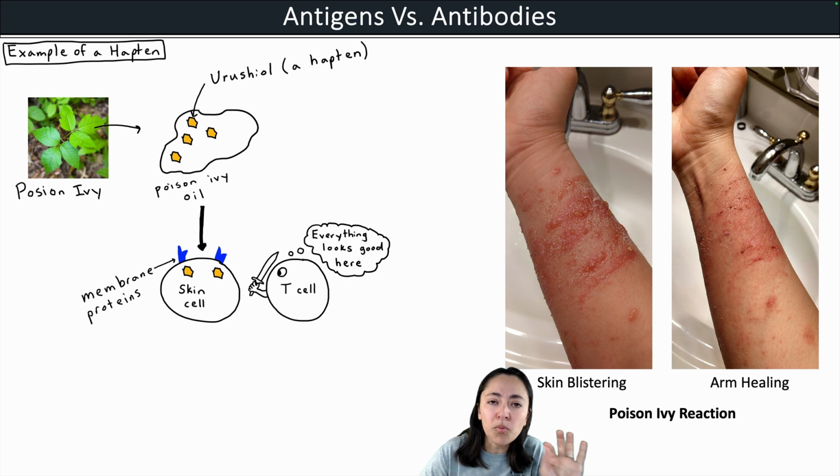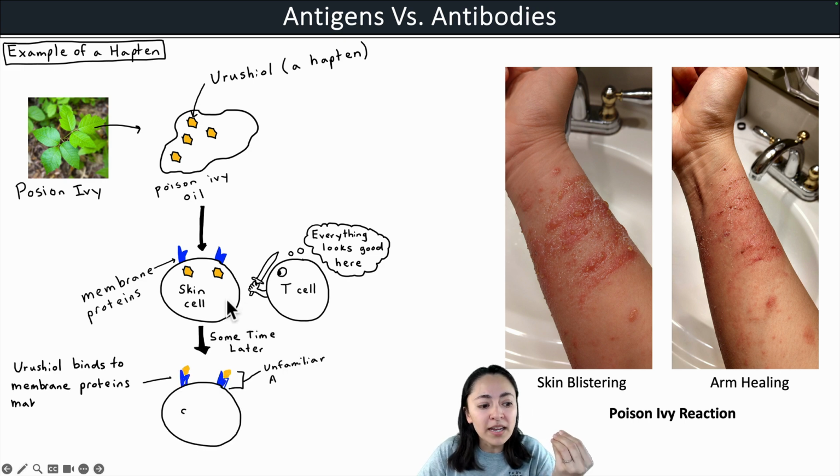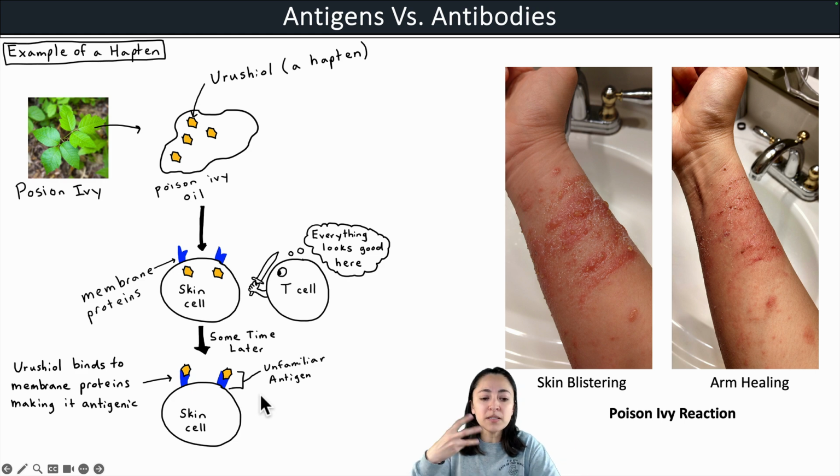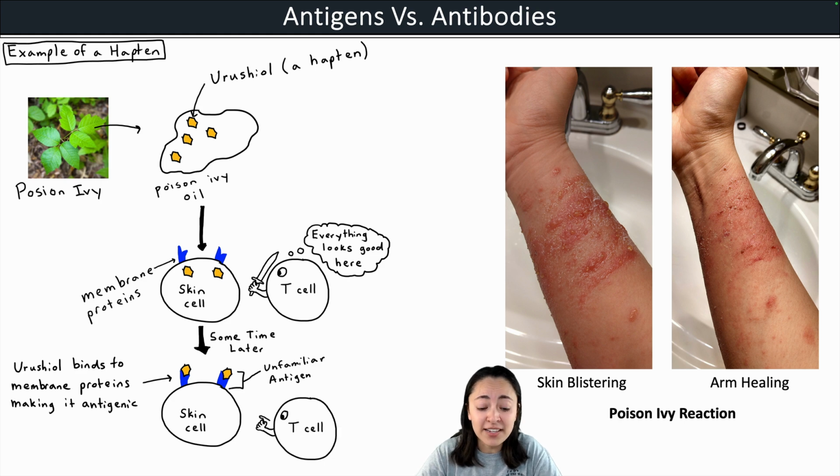However, if you do not wipe that poison ivy oil off immediately, over time some of those urushiol molecules will bind to the membrane proteins on your skin cells, creating an unfamiliar antigen. Your body will then respond to that unfamiliar antigen by attacking your skin cells.